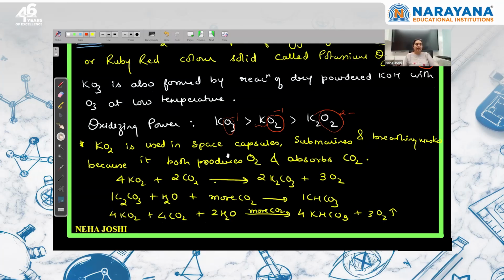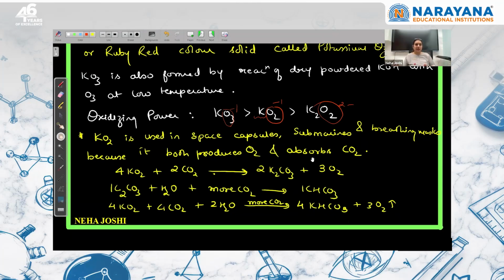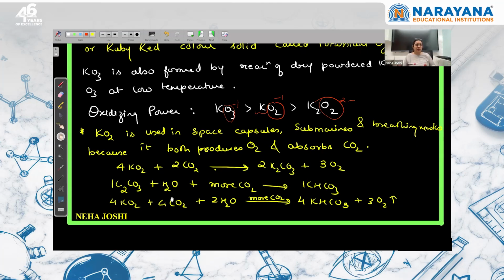So superoxide is used in space capsules, submarines, where there is deficiency of fresh air supply, I would say, and breathing masks, because it has two things. It can function doubly. When it reacts, it produces O2, okay?